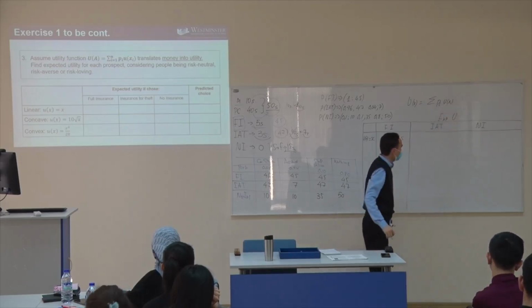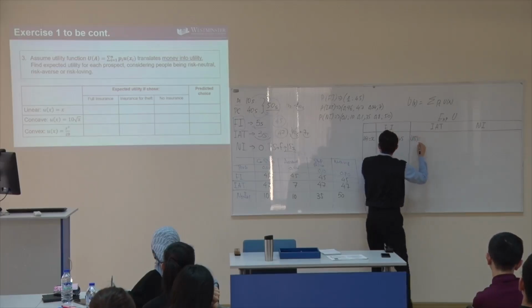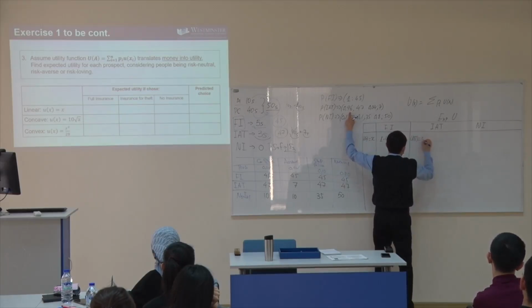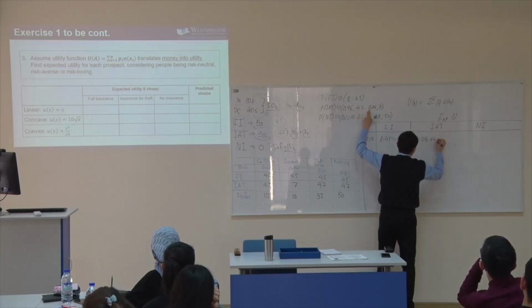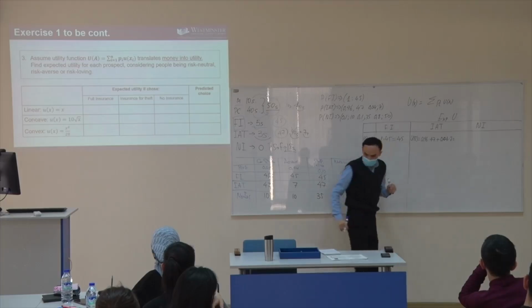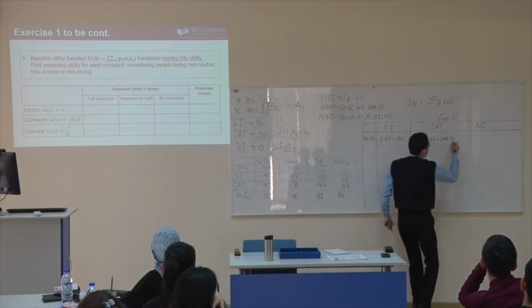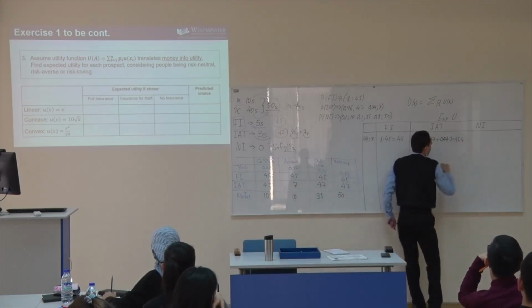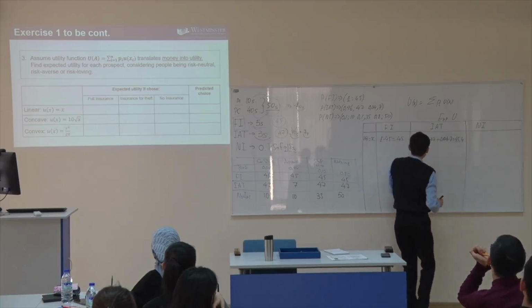In the second case, for insurance against theft, there is a 96% probability of 47, plus the second option, a 4% probability of 7. So if I do these calculations, it's going to be 45.4, right? 45.4, done.